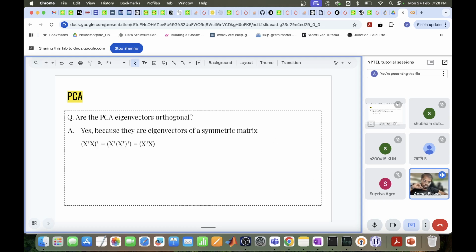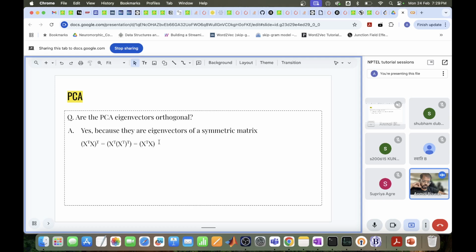The reason they are orthogonal is that X transpose X is a symmetric matrix. If you take the transpose of X transpose X, you pull the transpose operation inside the brackets, and when you do that, you have to switch the order of operations. So X transpose X whole transpose is nothing but X transpose times X transpose transpose, and X transpose transpose is nothing but X. You apply transpose two times, it just rotates back to its original configuration.